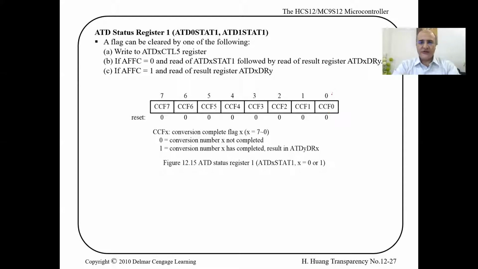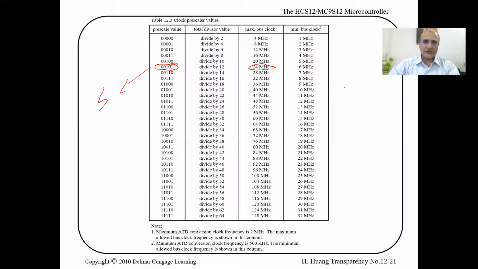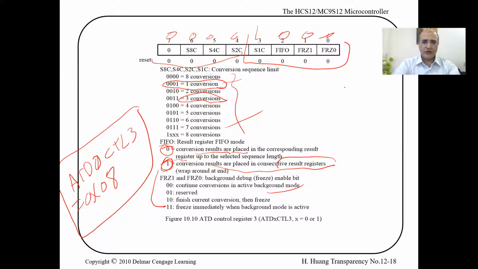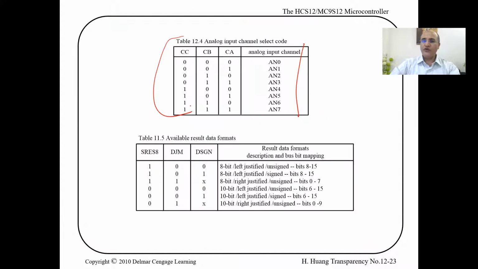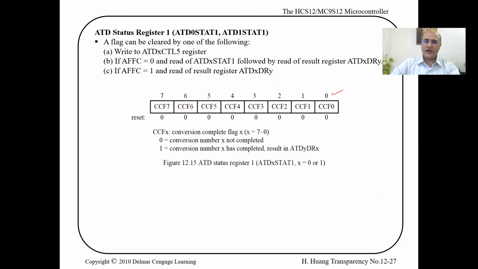When the first conversion is done, this flag is set. I told them to go do, for example, 5 conversions. How do you know that you're done? When this one is a 1, we're done with the first conversion. When this one is done, you're second, third, fourth, until 8th. So you need to check for these flags.